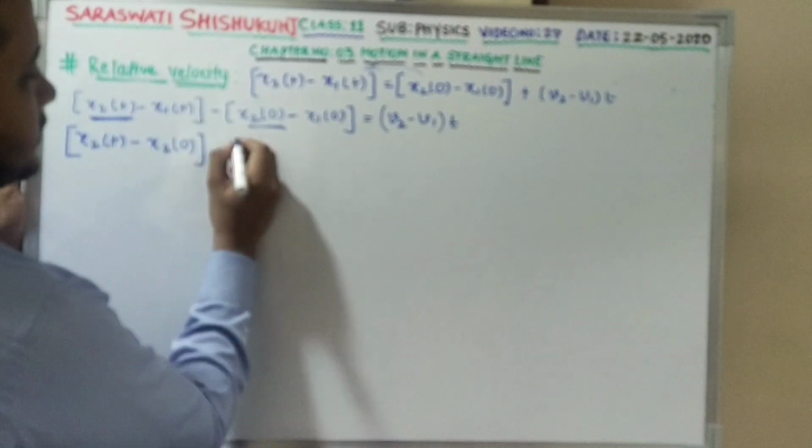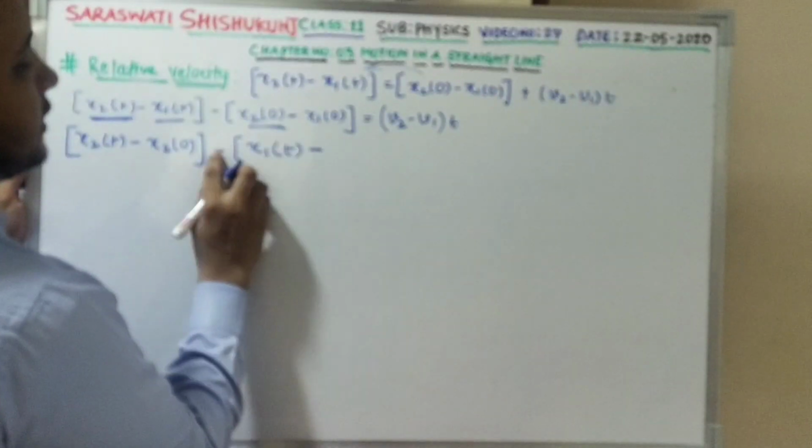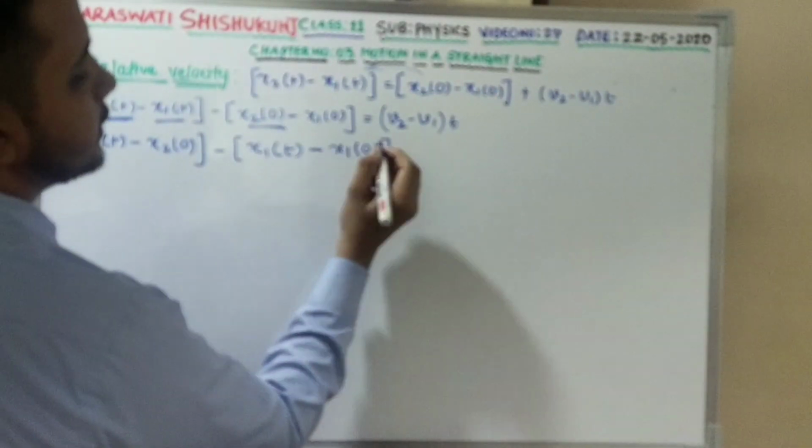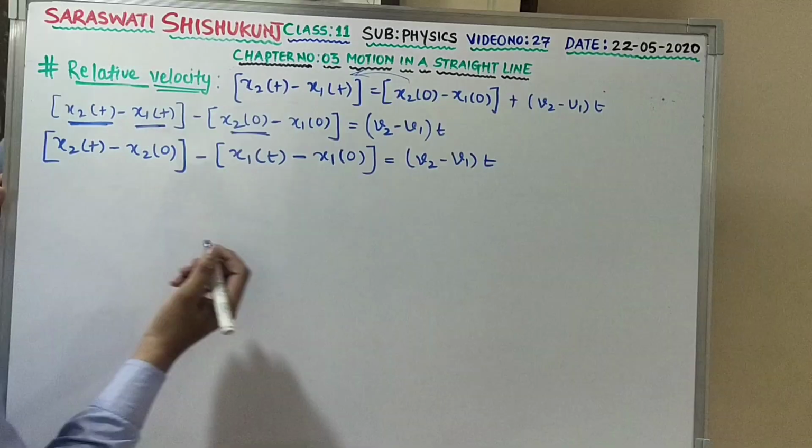Fine. Again, if I take out this minus, and this I take x1(t), so this is plus. For plus, I keep this minus, and this minus will become plus, that is x1(0). Is this clear? That is equal to (v2 minus v1) into t.